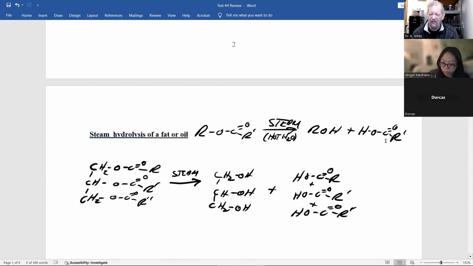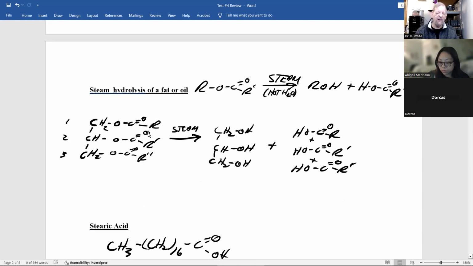You get the alcohol and the carboxylic acid you would have used to make that ester. Well, guess what? You have ester 1, 2, 3. And ester in steam, which is hot water, gives you the same products as acid hydrolysis of a fat or oil. You get glycerin and these 3 fatty acids.